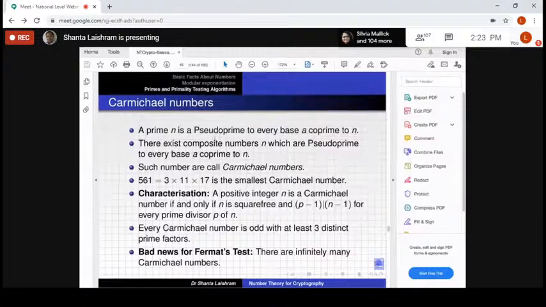And there are numbers which are not primes, and they're pseudo prime to every base co-prime to n. Such numbers are called Carmichael numbers. The smallest Carmichael number is 561, which is 3 into 11 into 17. So this is not a prime, definitely, but it's a pseudo prime to every number a co-prime to 561.